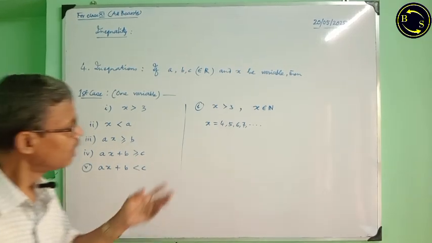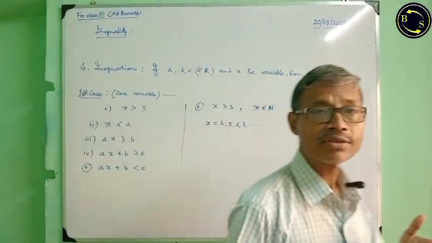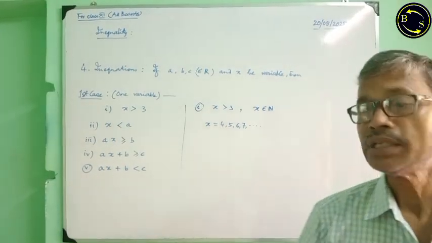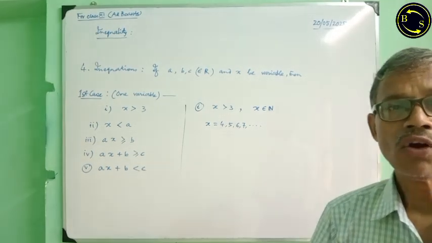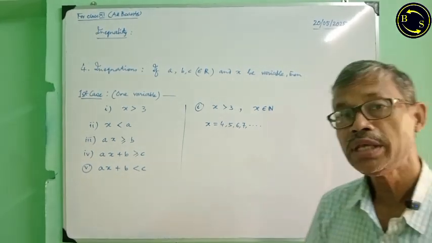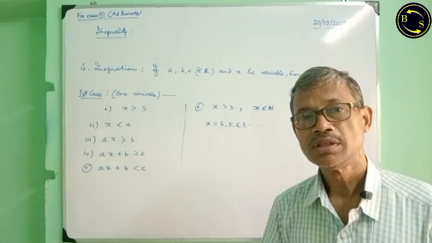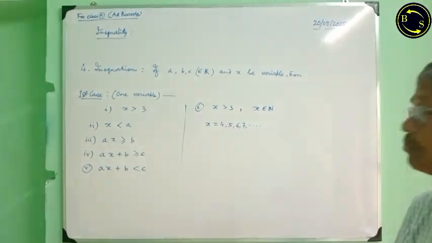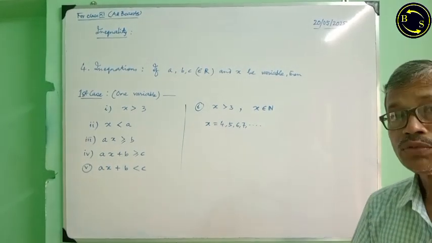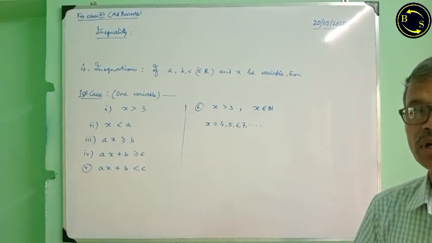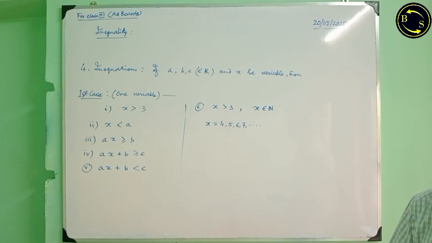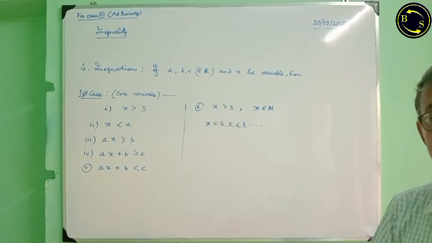That means, as in the case of an equation, the values of the variable will be definite, but in the case of an inequation, the values satisfying the given inequation will be infinite in number. Therefore, we use the term solution set.